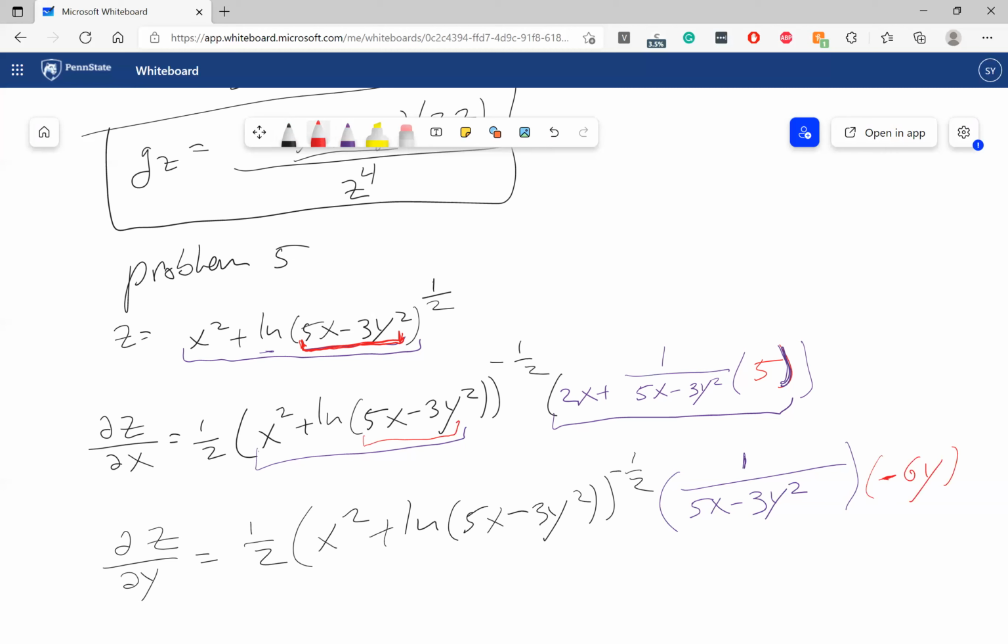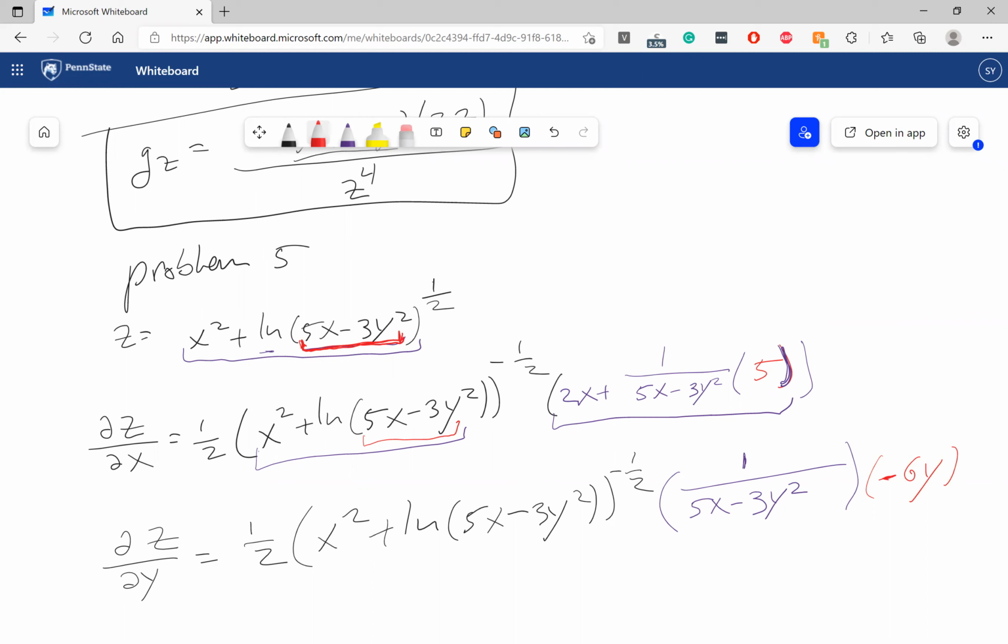Any questions? Okay, if there aren't any questions, we can go to the quiz. Chain rule of it, it's just like taking the derivative of the inside of the natural log.